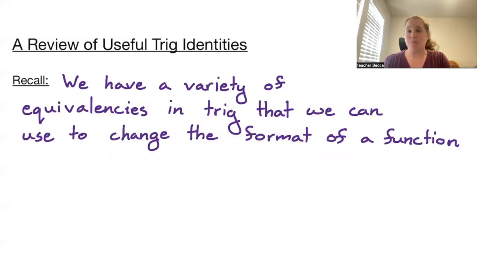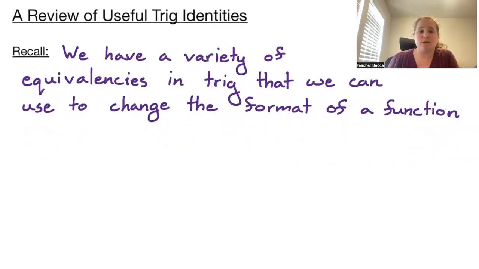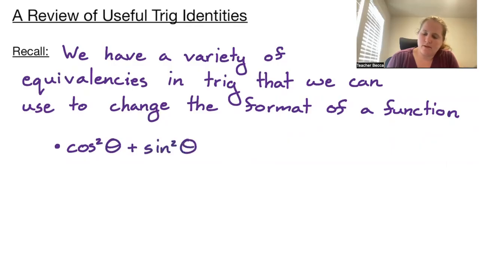So we have our most basic identity, cosine squared plus sine squared equals 1. So cosine squared theta plus sine squared theta is equal to 1. From that, we get the equivalent statements with tangent and with cotangent.